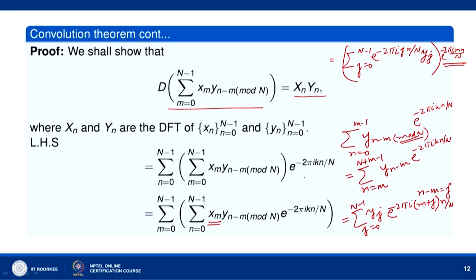Inside, we are getting 2 pi i k n by N, and n we have put as m plus j. So, this should be k here, not n.